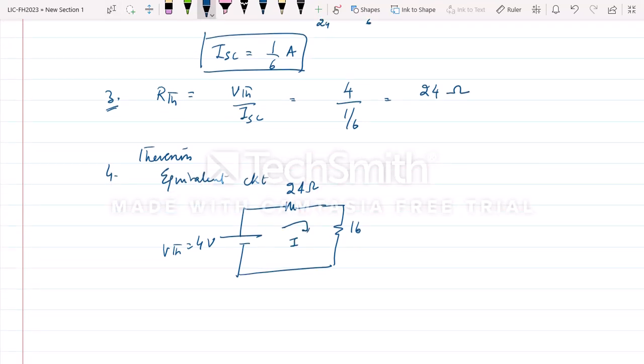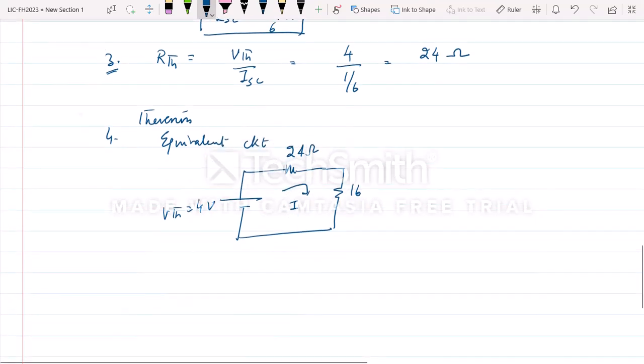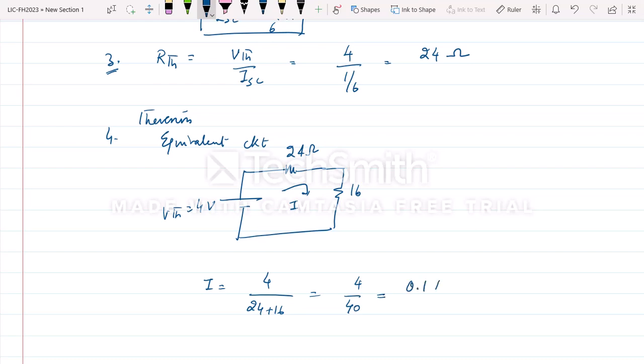The question was: find the current through the 16 ohm resistor. So I equals 4 upon 24 plus 16, that is 4 upon 40, and thus it is 1 by 10, that is 0.1 ampere. Right? So this way we got I for this, 0.1 ampere.